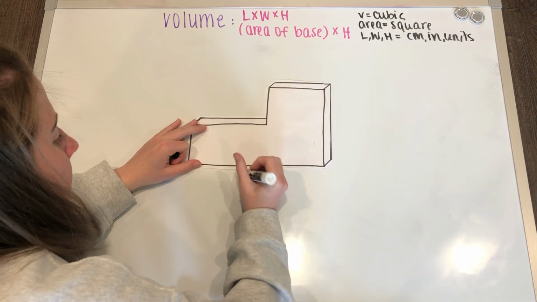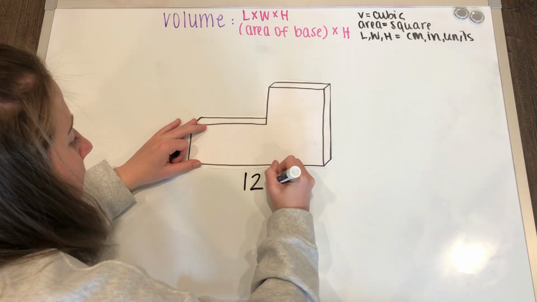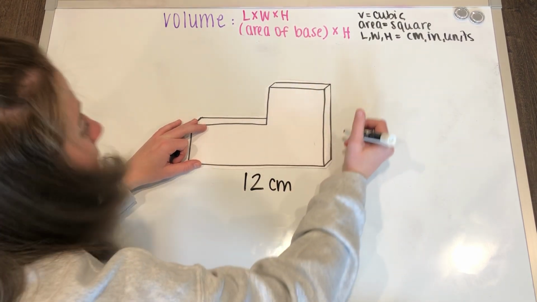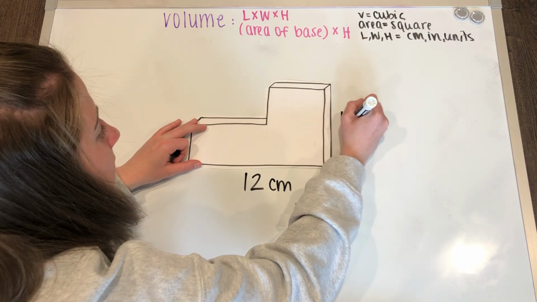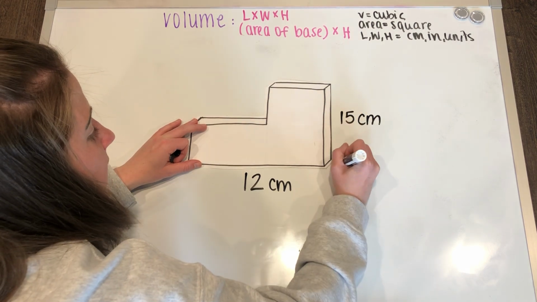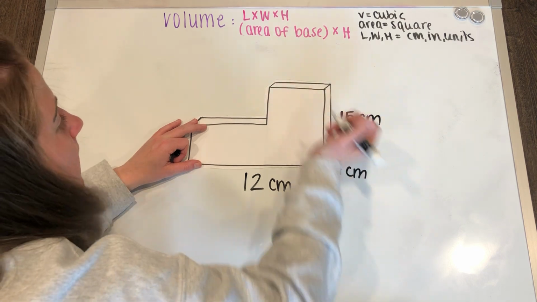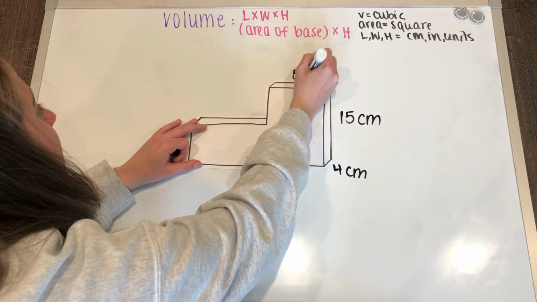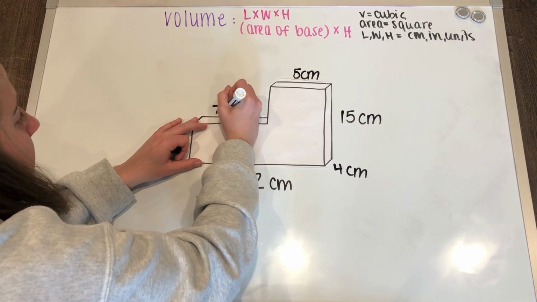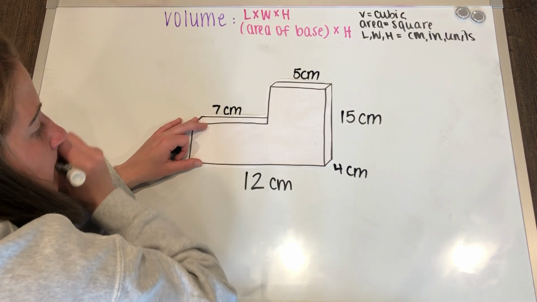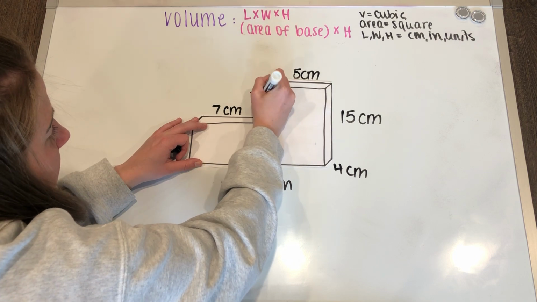So it's given us that our length is 12 centimeters. Our height is 15 centimeters. Our width is 4 centimeters. This length is 5 centimeters. This length is 7 centimeters. And then this height is 7 centimeters.